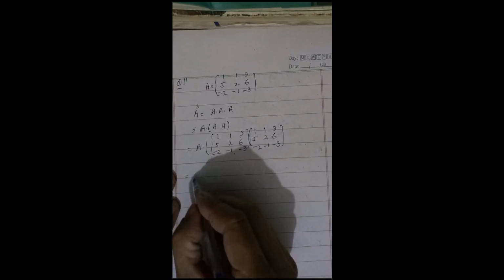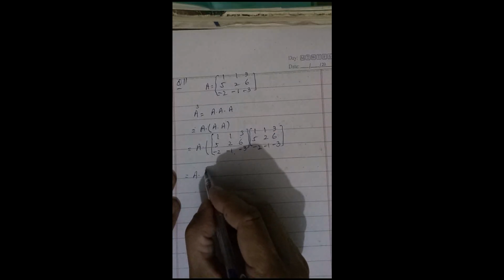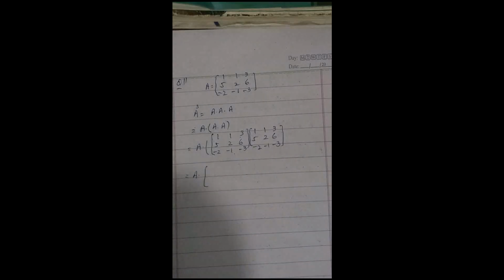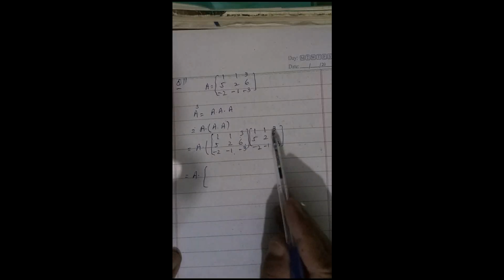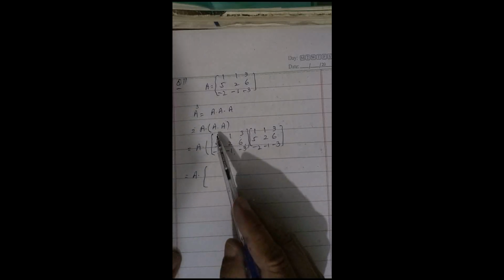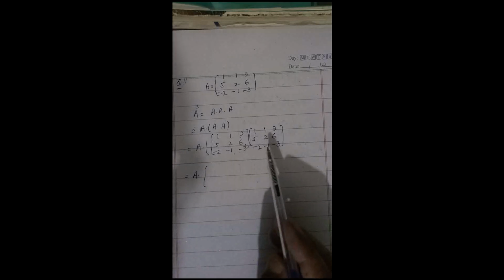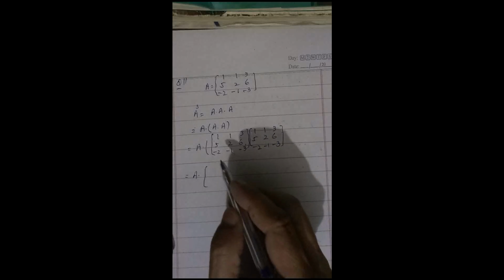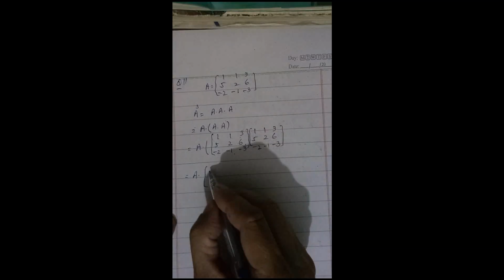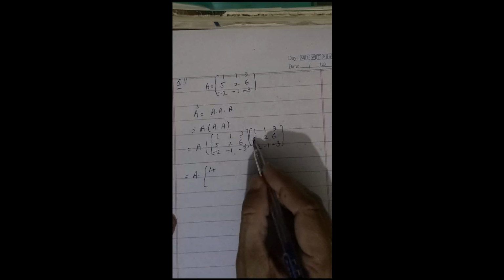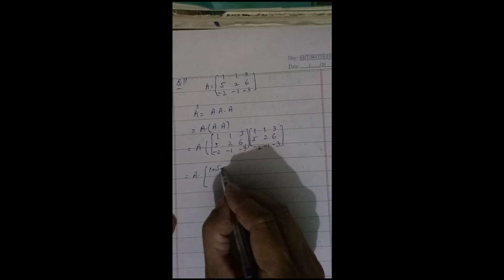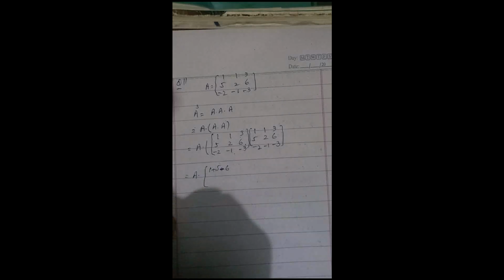Now we multiply these two matrices, and we know the multiplication rule is that the columns of the first matrix equal the rows of the second matrix. They are both the same, 3 columns of the first matrix and 3 rows of the second. So we can multiply them easily, and we have 1 multiplied by 1 is equal to 1, plus 1 multiplied by 5 is equal to 5, plus 3 multiplied by minus 2 is equal to minus 6.